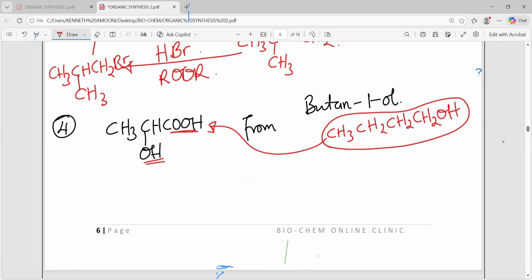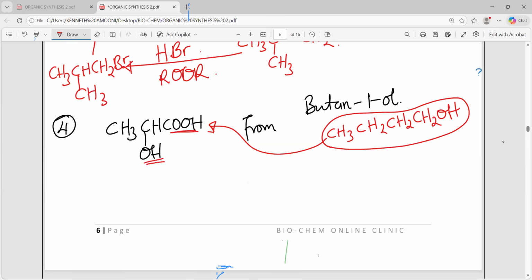So what does that mean? That means you're supposed to recall a certain reaction. Remember, when we were looking at the reactions that increase the chain, the reactions of carbonyl compounds, nucleophilic addition, we said that we can react carbonyl compounds with what?